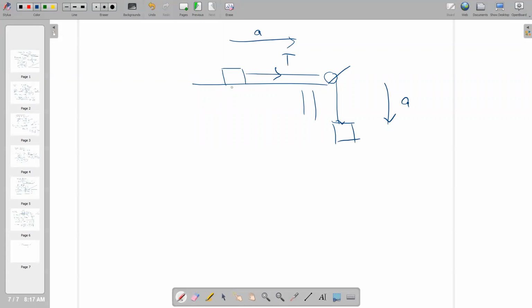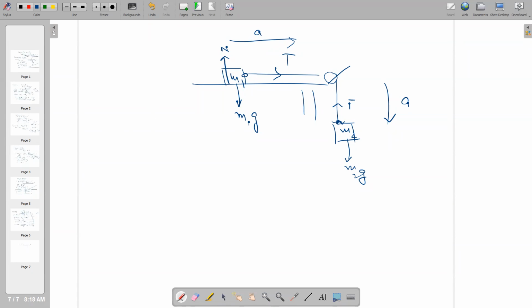And this is M1 and this is M2, and this will be M2G and this will be M1G, and this is the normal force, okay. So you want to write the equations. The tension is always up, away from this pivot point, because it is connected with the same string, the same rope, the tension will be the same. So you want to write the equations.